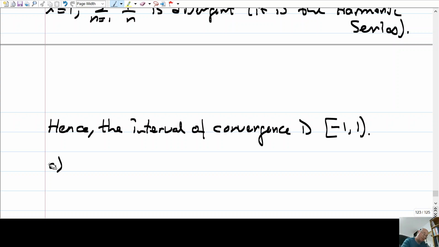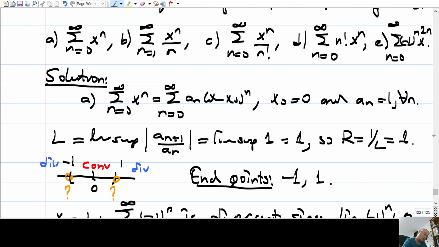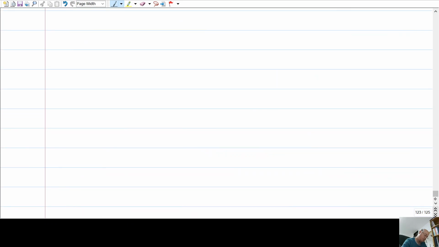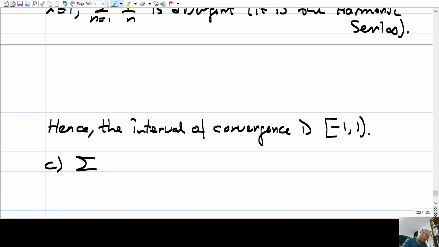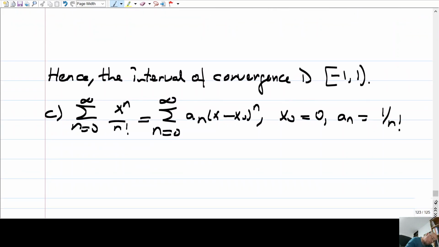C was the, I guess, exponential function. Yes. So x to the power n over n factorial. So if I compare this again with the general form, again x0 is 0 and a_n is just 1 over n factorial.